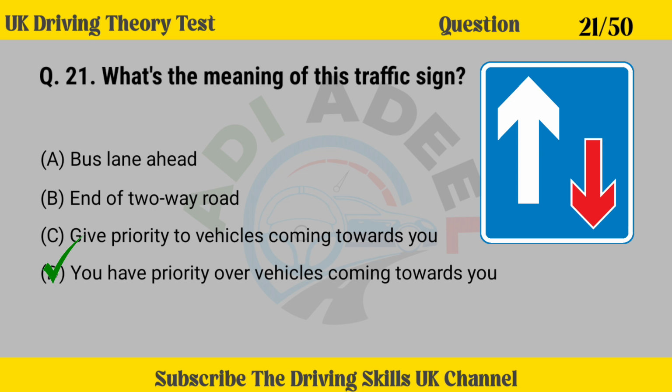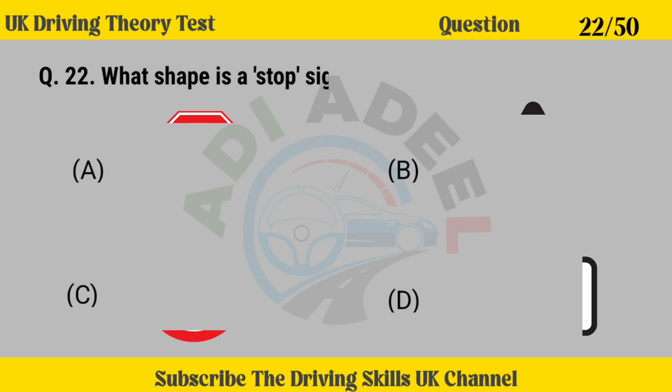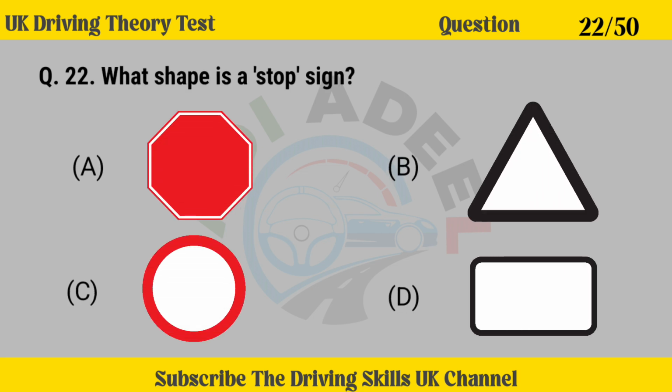The right answer is D. You have priority over vehicles coming towards you. Question 22. What shape is a stop sign? The right answer is A.